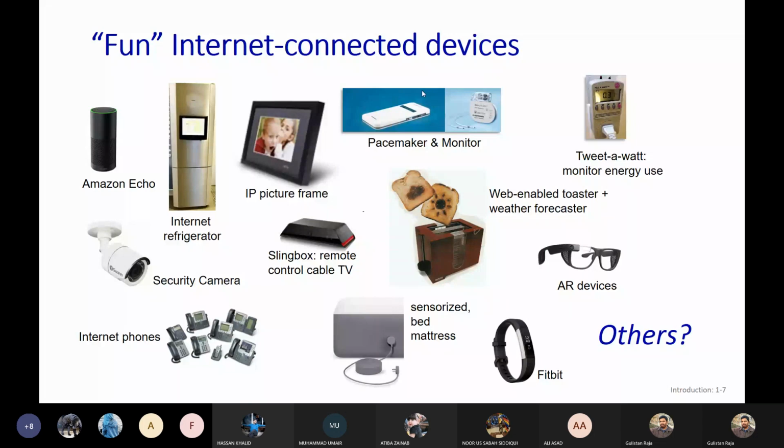You can have a slideshow, and you can see different pictures at different times. So refrigerators, cameras, and various devices which you are seeing here, they all can be connected to the internet. They are connected, in fact, not just can be.